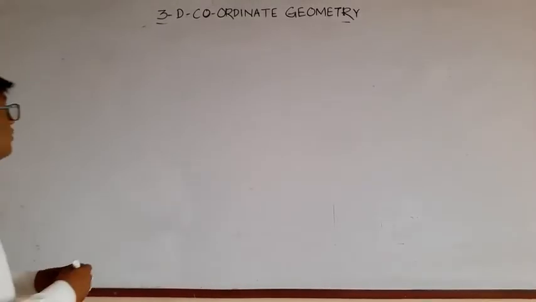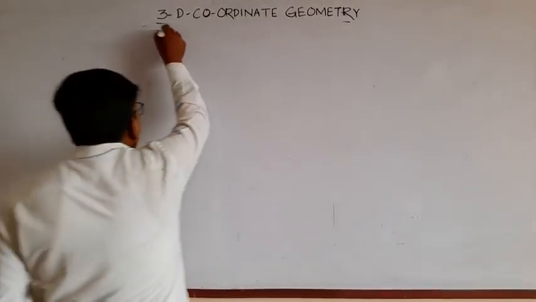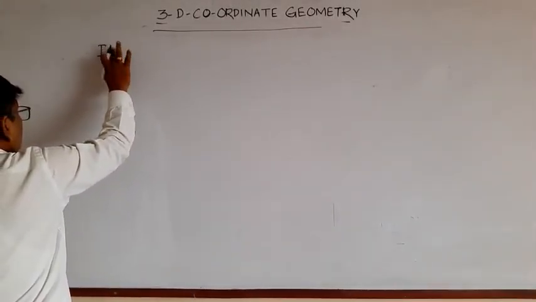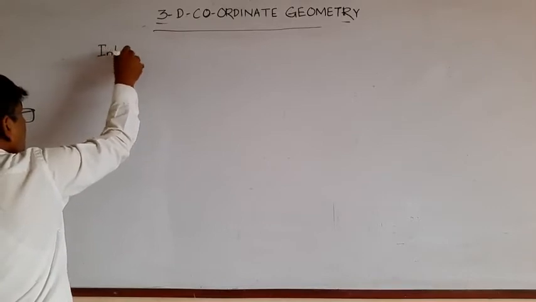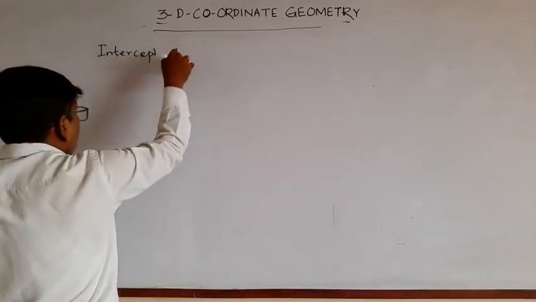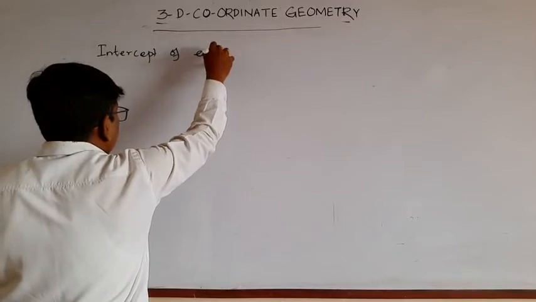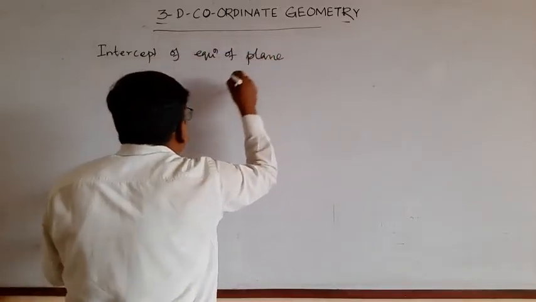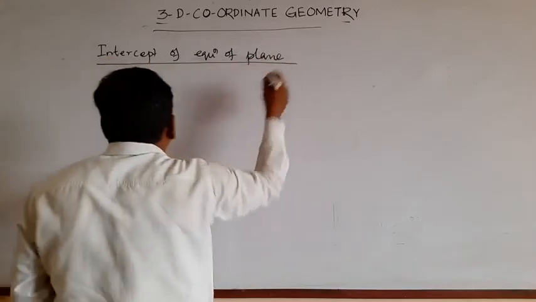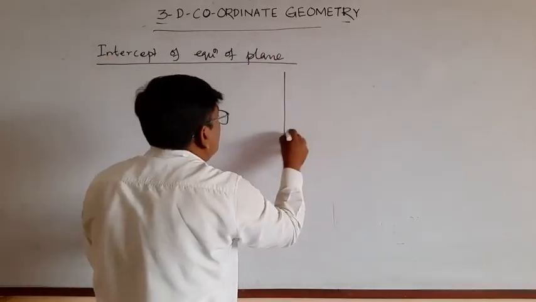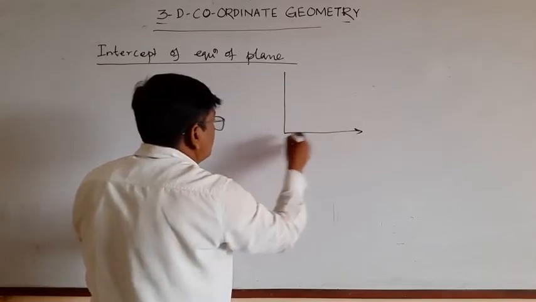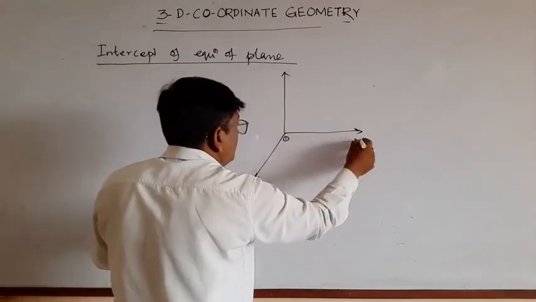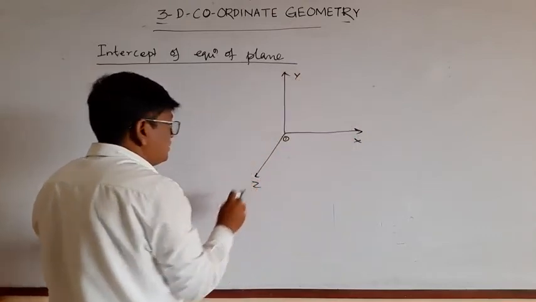Now, the intercept form of the equation of a plane. Suppose this is the coordinate system and this is the origin, x-axis, y-axis, z-axis.